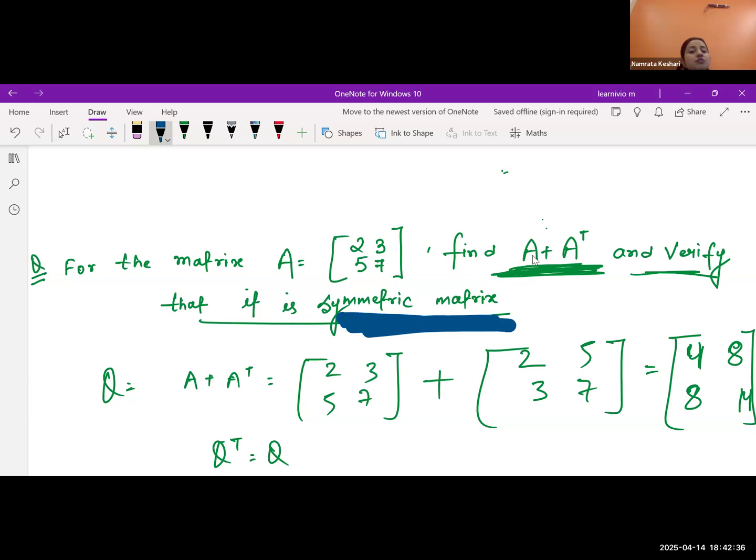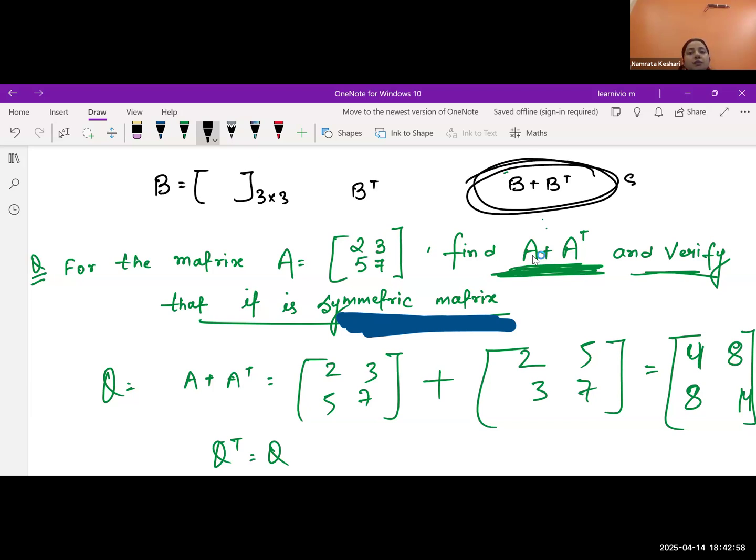It is not just valid for this A. Even if you have a 3 by 3 matrix B, and you add B with B transpose, always your resultant will be a symmetric matrix. Getting it?